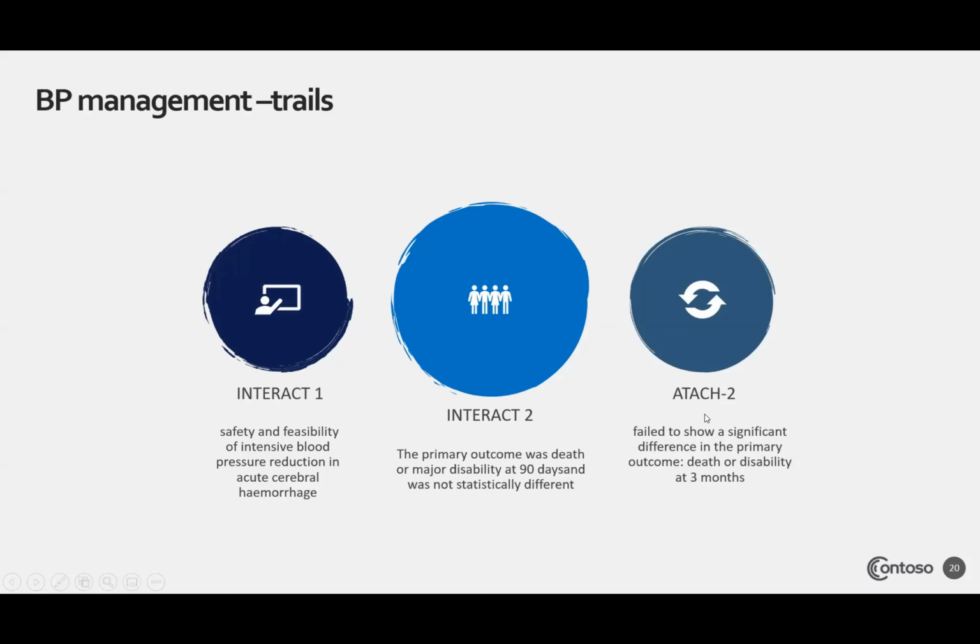The ATACH 2 trial also failed to show a significant difference in the primary outcome, which is death and disability at 3 months. But they have two groups. One group is from 110 to 139, and the other group from 140 to 179, like dropping the blood pressure to less than 180 and dropping the blood pressure to less than 140.